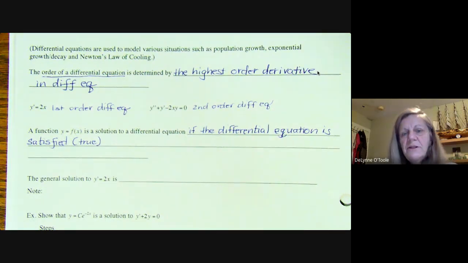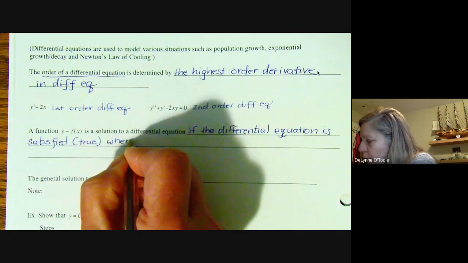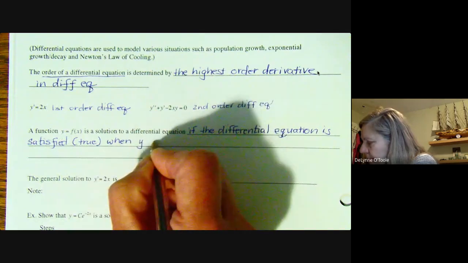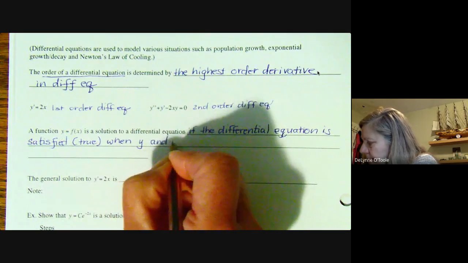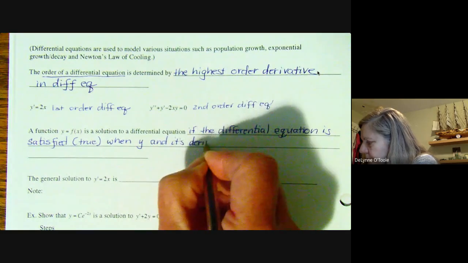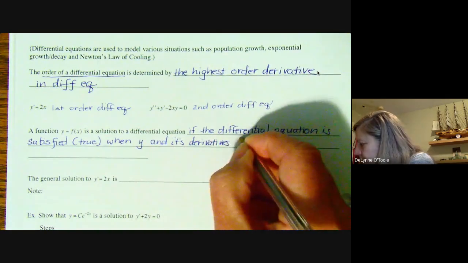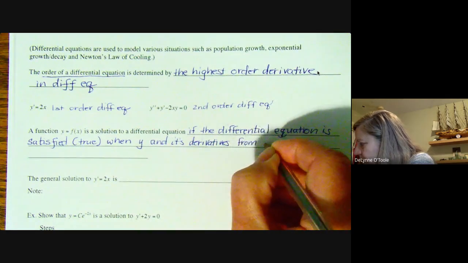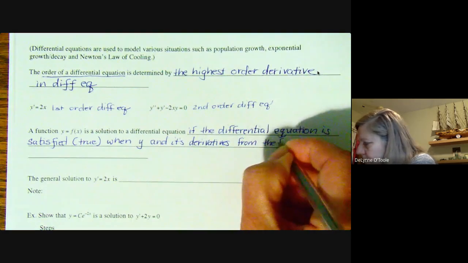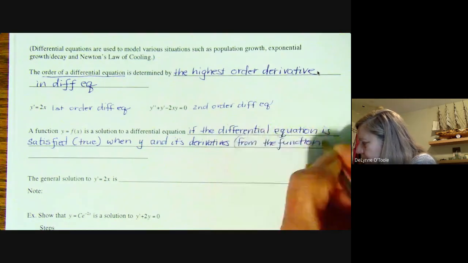So a function is a solution to a differential equation if the differential equation is true when y and its derivatives from the function, okay, I'm going to put that in parentheses.